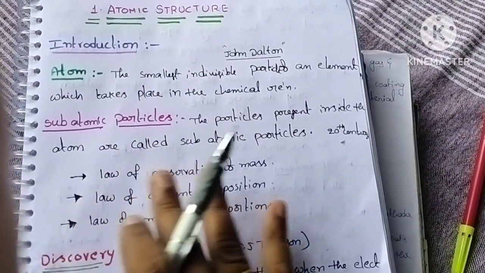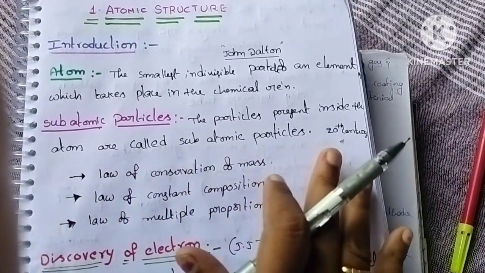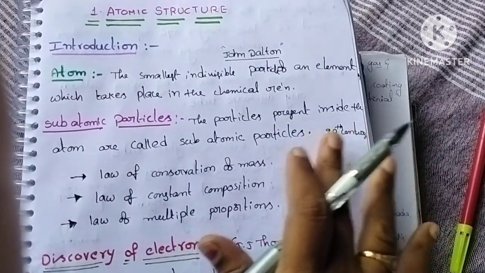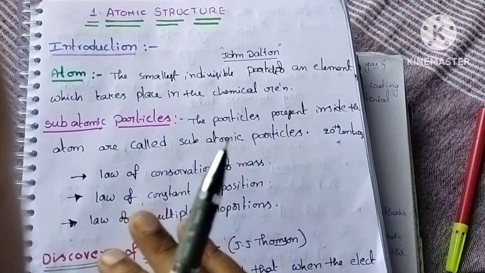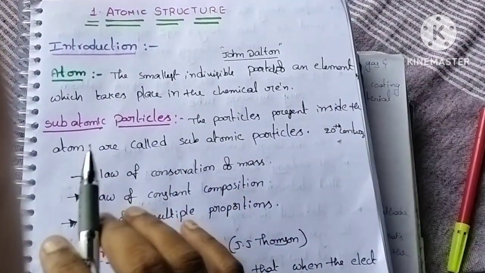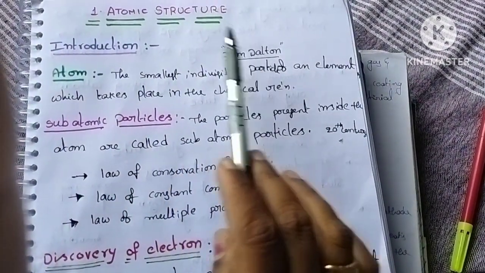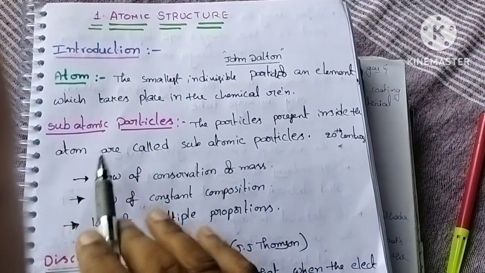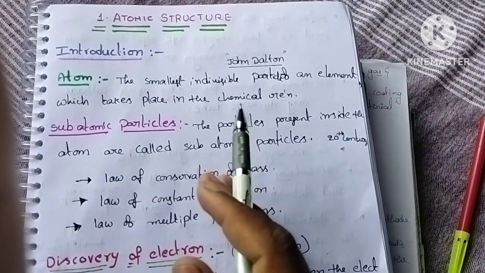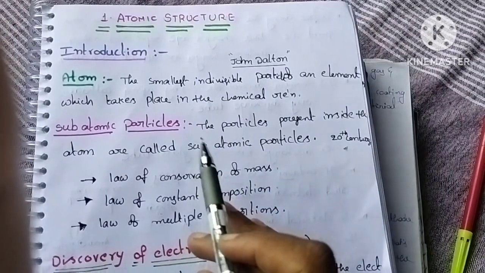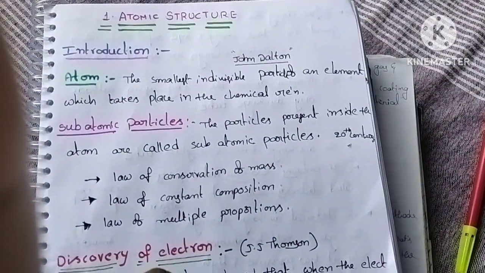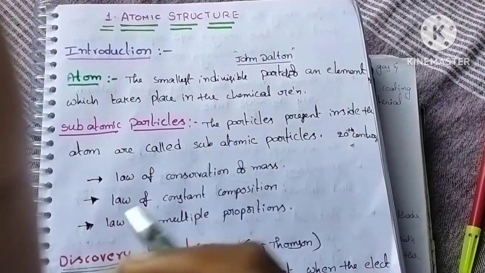These experiments were in the 20th century. In the 20th century, a number of scientists did their experiments on atomic structure, and finally they concluded that the atom is divisible. That means there are a number of small particles present inside the atom.